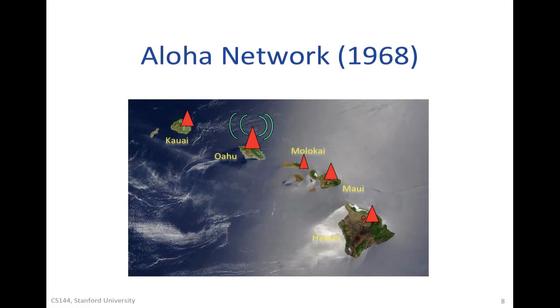Every packet that was sent would be sent from an end host into the central station, which would then rebroadcast it out to everybody. And so this was radio-based, RF-based. There was no wire, and so the medium in this case was the air.